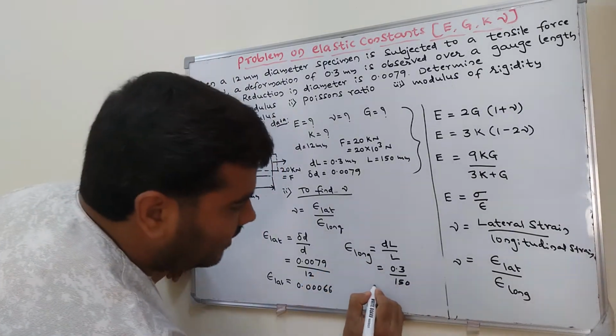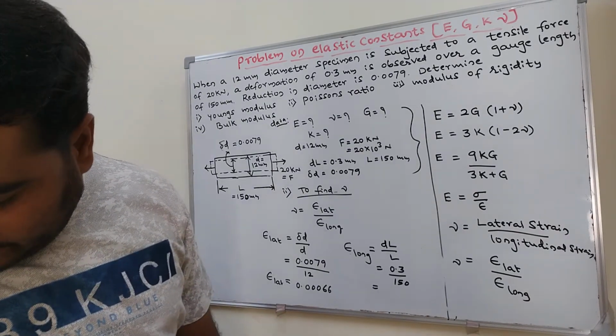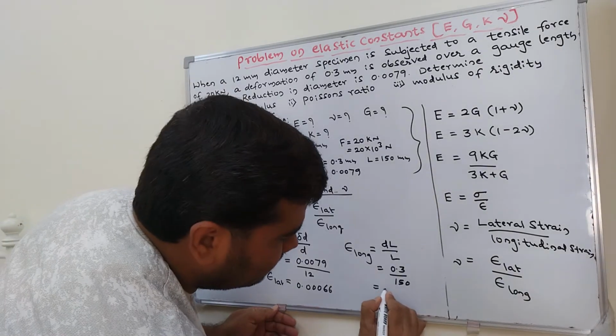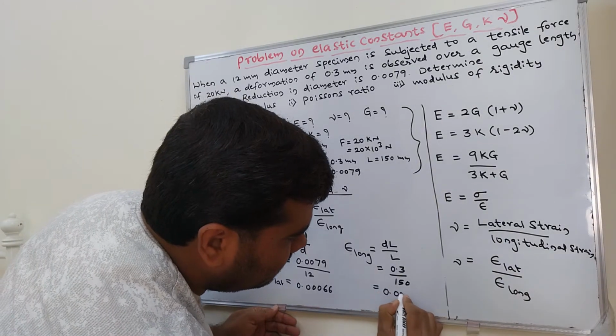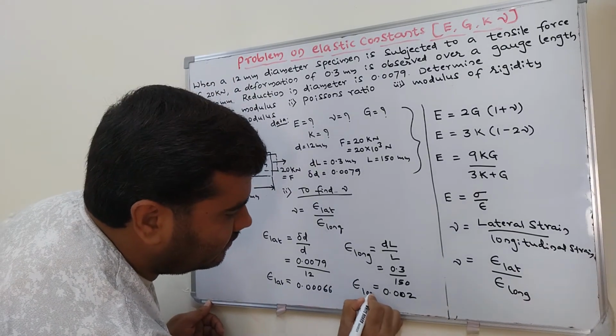After simplification, the longitudinal strain we will get is 0.002. This is longitudinal strain.